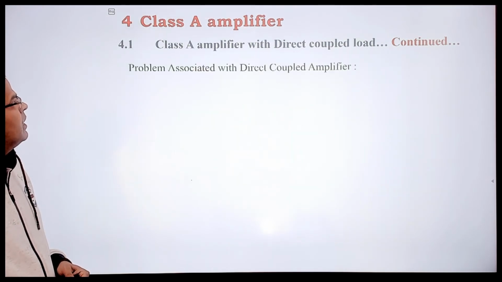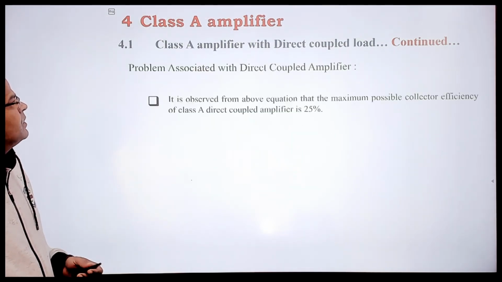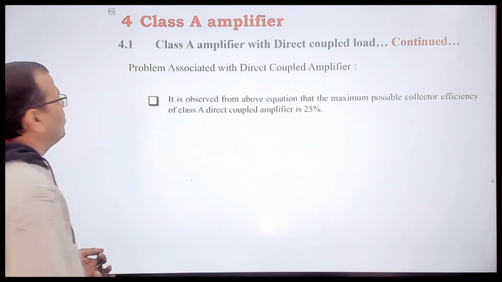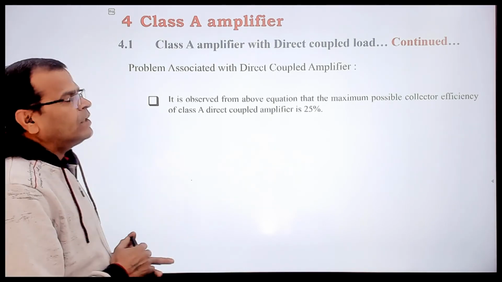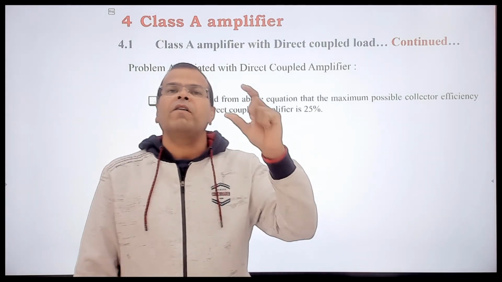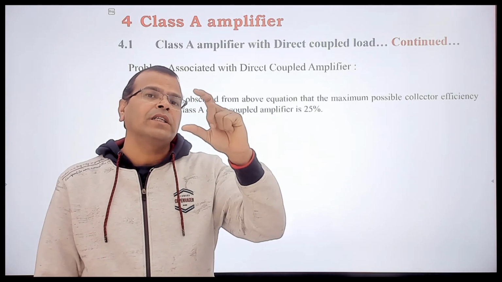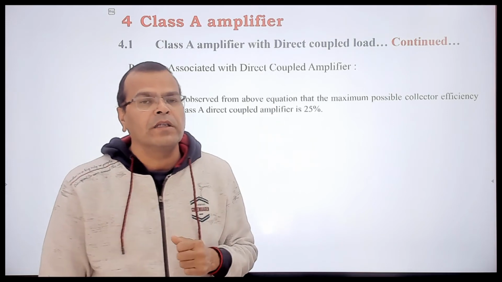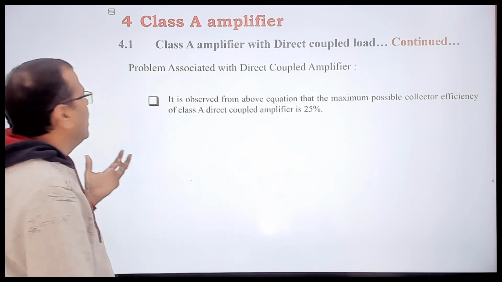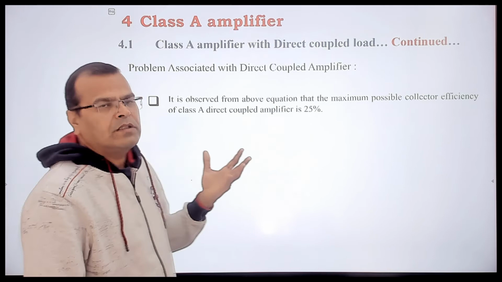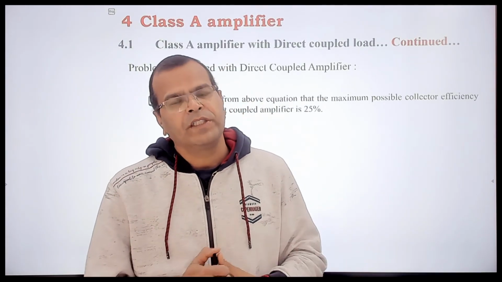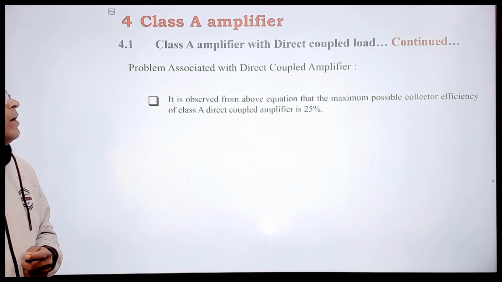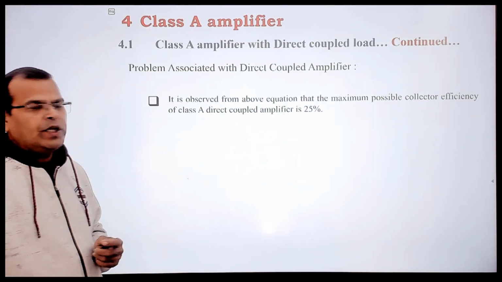but before that let us see some points, problems associated with the class A direct coupled amplifier. It is observed here we have a collector resistance, which is nothing but the load resistance connected directly. So whenever you have a directly connected load, there are losses occurring in that, and that results in a maximum possible efficiency of 25%. So there is a limited value of the collector efficiency in direct coupled load, right?